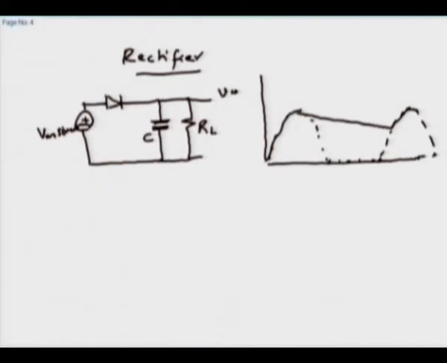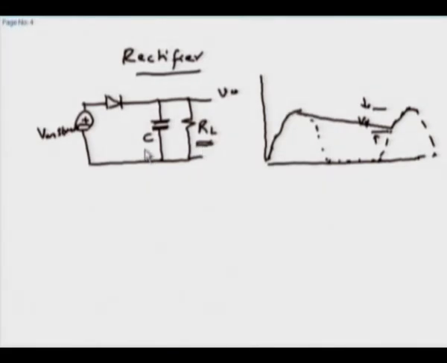Now, very often it is thought that the peak to peak ripple here can be decreased by increasing the value for a given RL. If, for a given RL, we increase the capacitor, we can decrease the ripple.